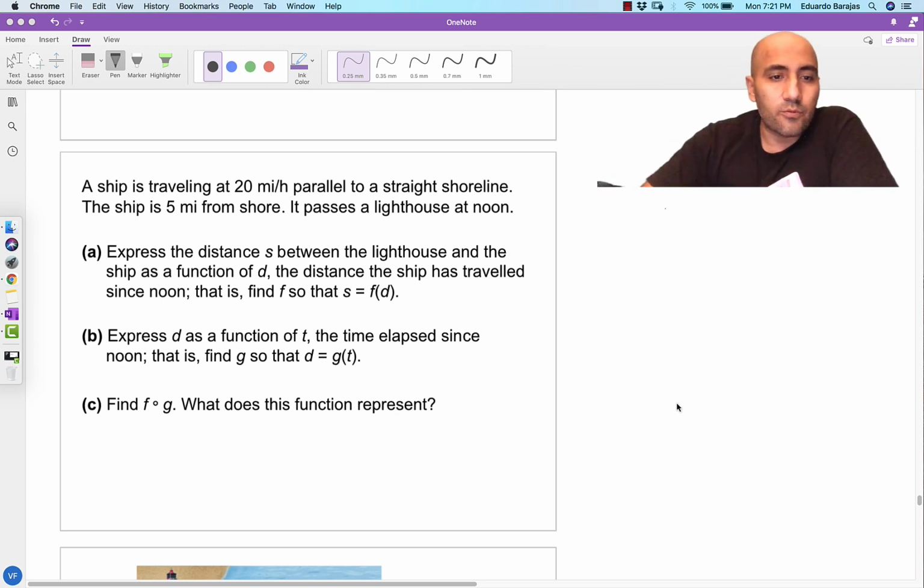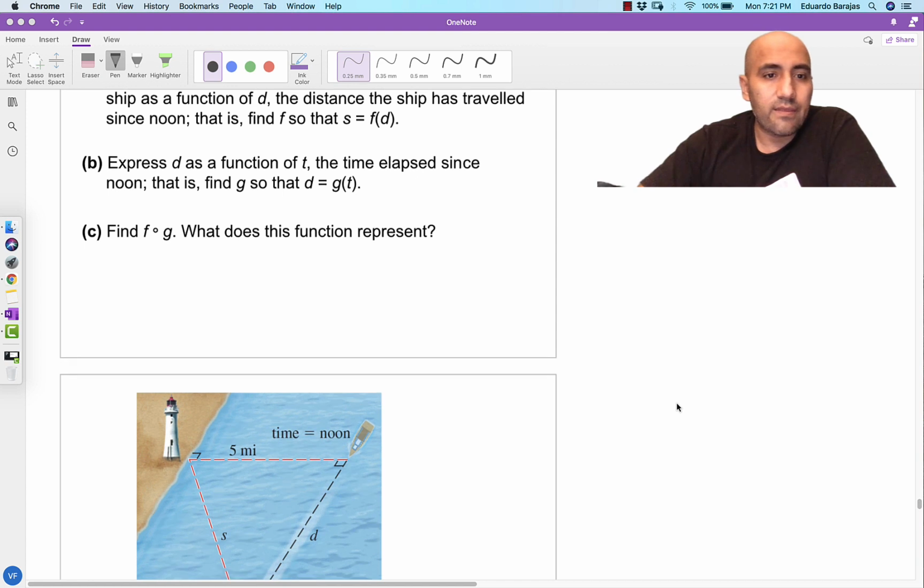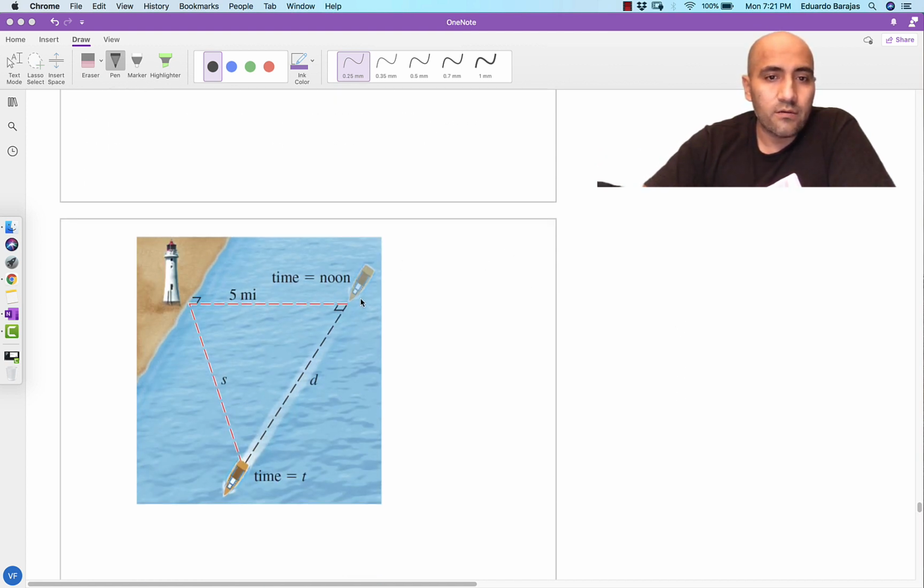Okay, so here's a nice little picture to depict this question. We have the ship right here, and it's traveling in this direction along a distance d, which is parallel to the shoreline. And then perpendicular here, we have a distance of 5 miles. So the boat is 5 miles from the shoreline, and it goes in this direction. Now we're looking at s, the distance between the lighthouse and the boat. Right at noon, it's going to be exactly 5 miles from the lighthouse.